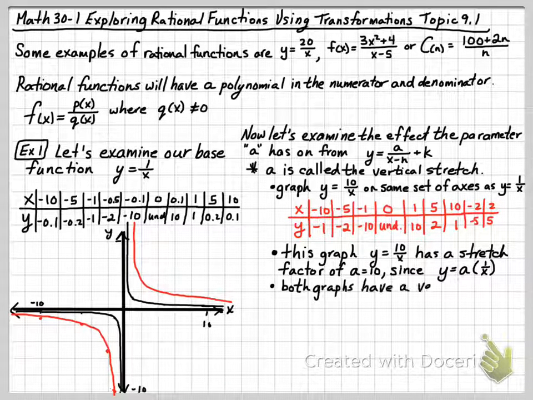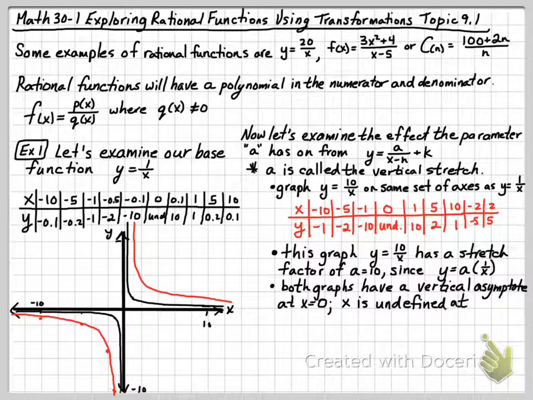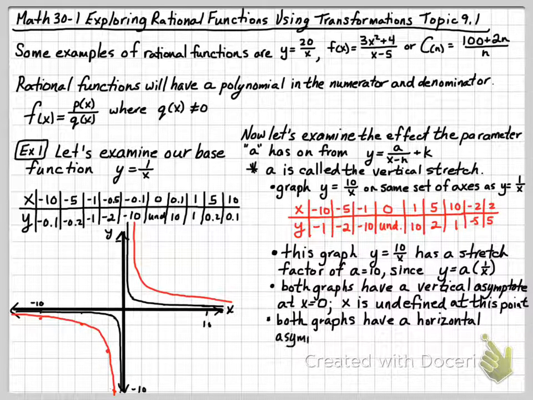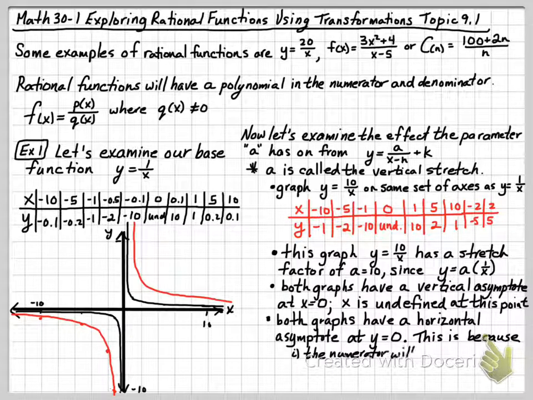Both graphs have a vertical asymptote at x is equal to 0, because y is undefined at this point. And both graphs are going to have a horizontal asymptote at y equals 0. This is because, first of all, the numerator is never going to be equal to 0, because the numerator is always 1.